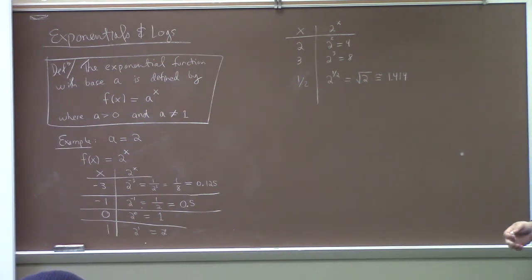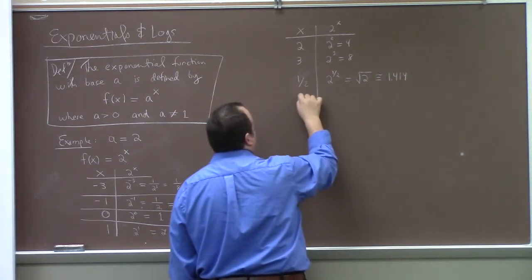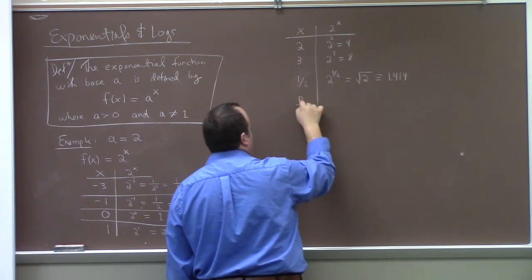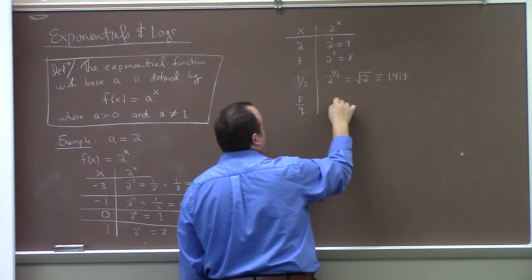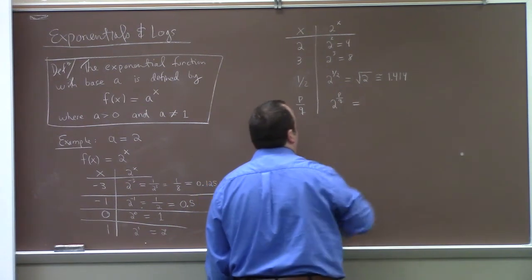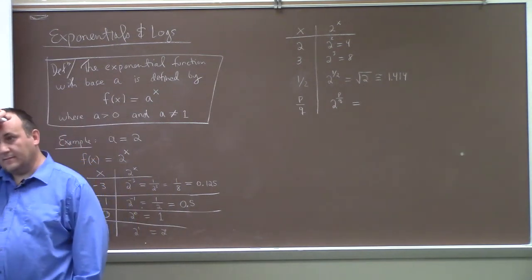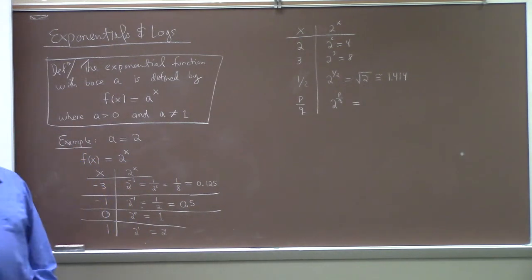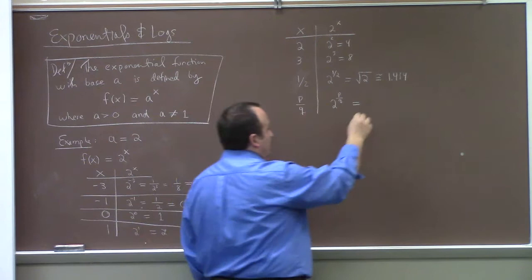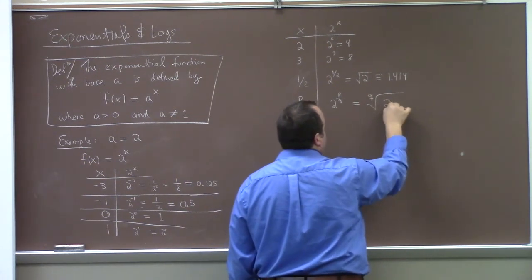But the thing is, we can keep on; let me just put it more in general. If you have x is p over q, where p and q are integers, then what's 2 to the p over q? How is that defined? It's the qth root of 2 to the p.